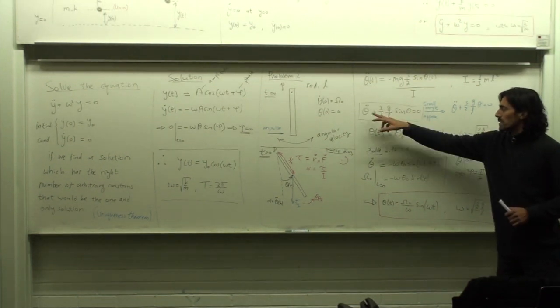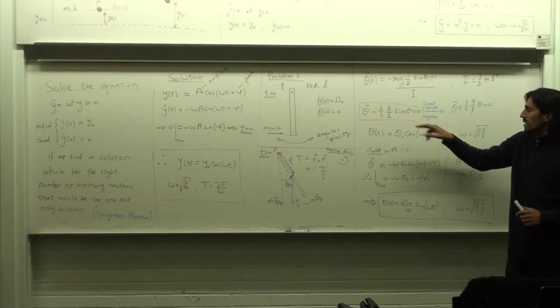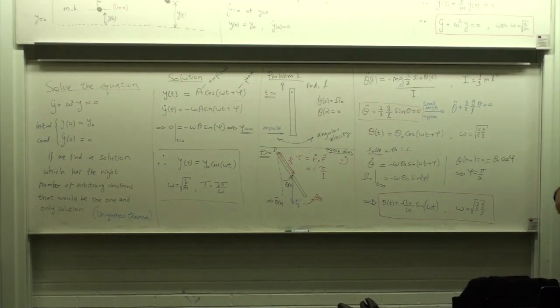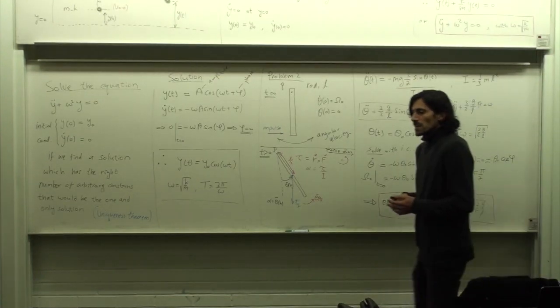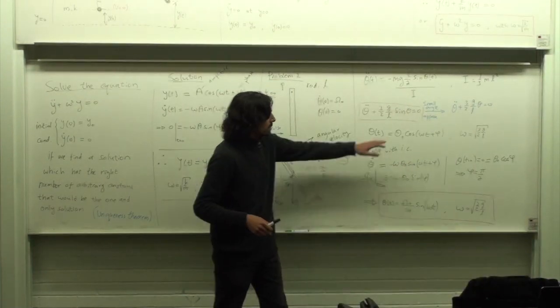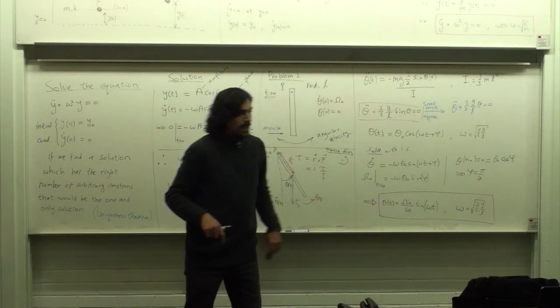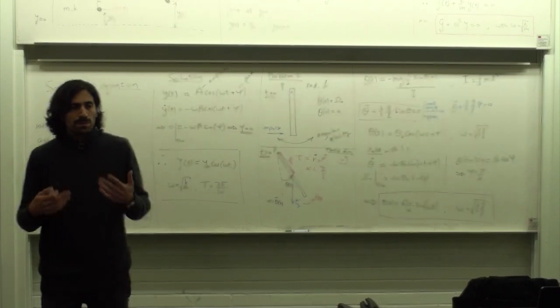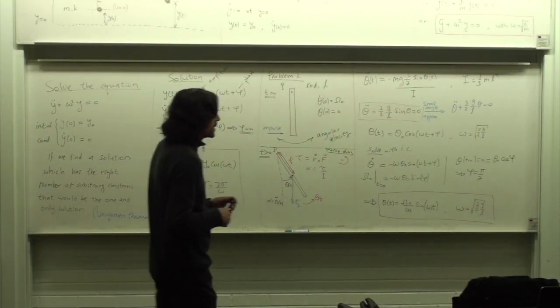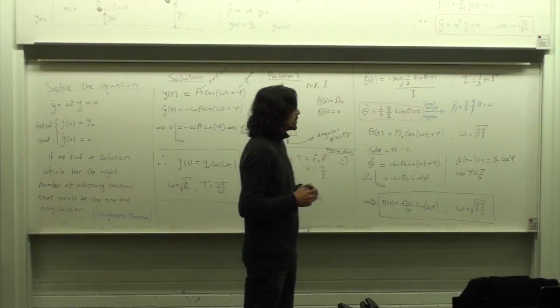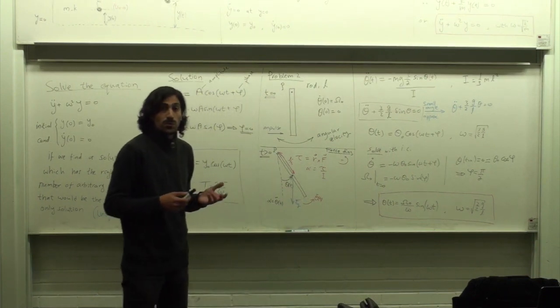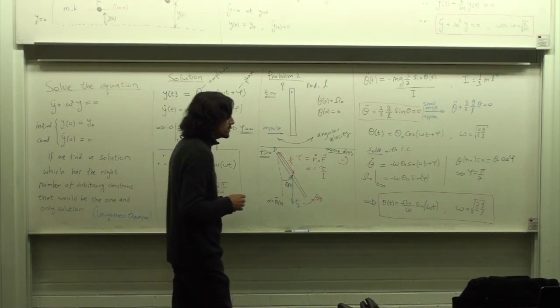Now note that there's the theta double dot here, but there's a sine theta here. If you want to solve this accurately, then we have to keep the sine theta there, which means that we won't be able to solve it analytically. We would need to use a computer to solve that numerically.